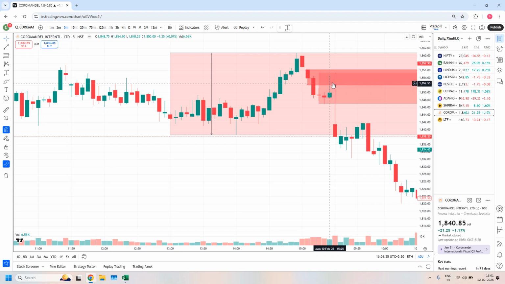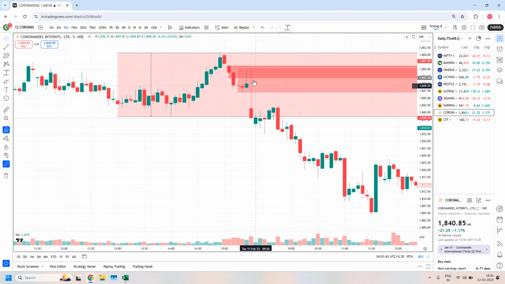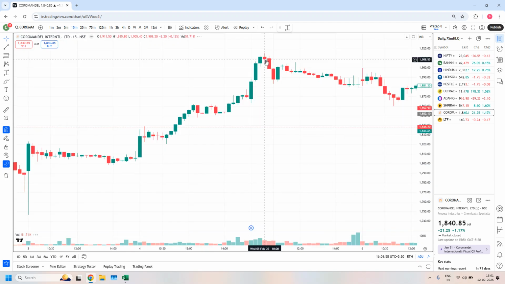And not only this 15 minutes, this entire 75 minutes candle formation also took place by picking the orders from this 5 minute zone. See, the real leg out of this entire zone started by picking the orders from this 5 minute zone. This drop base drop. Now this entire drop is the 75 minutes drop candle. Go to 75 minutes time frame.